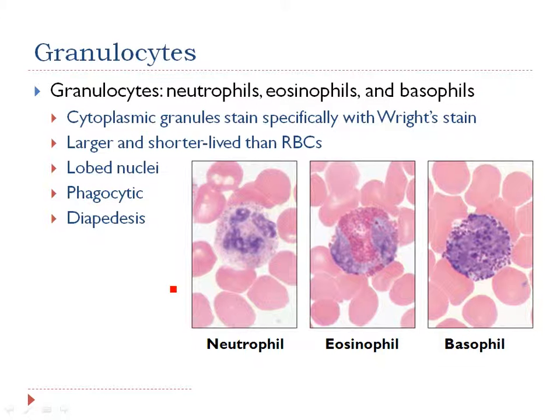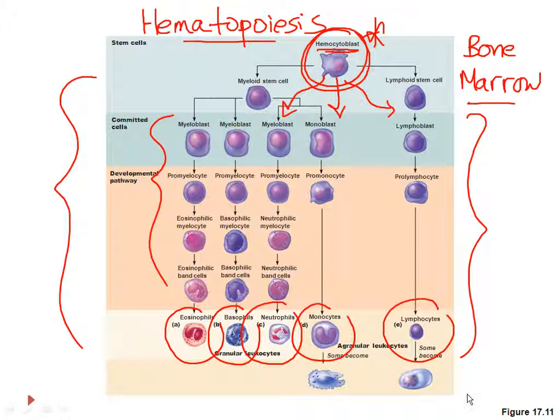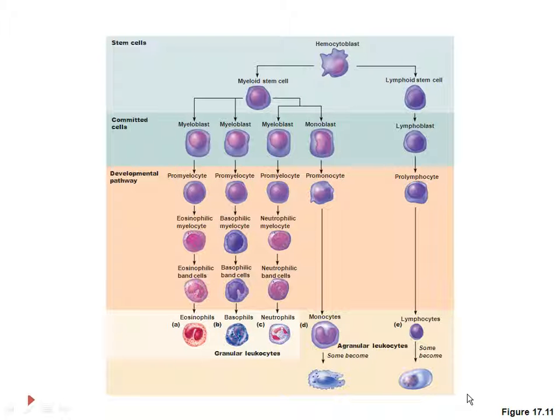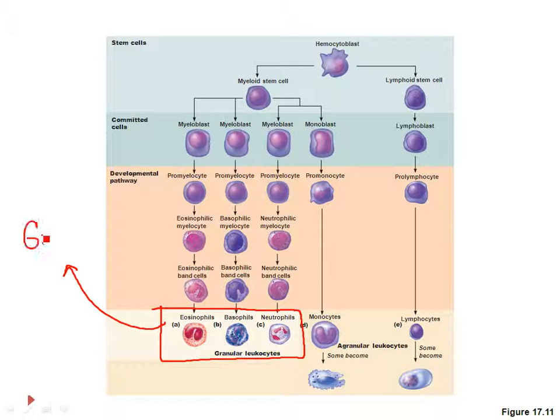Okay, so let's talk about these different types of white blood cells. I'm going to erase this for a minute. And one thing I want you to note here, these 3 types of white blood cells, your eosinophils, your basophils, and your neutrophils, together are called granulocytes.